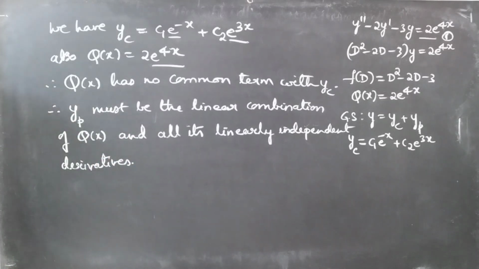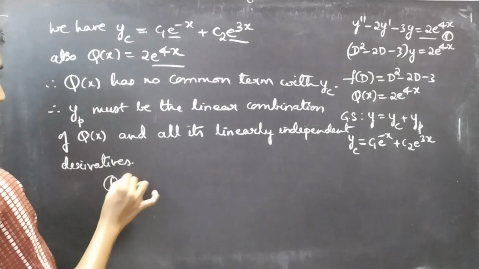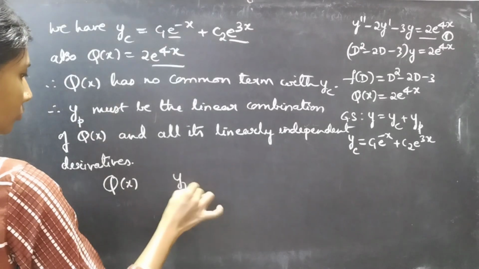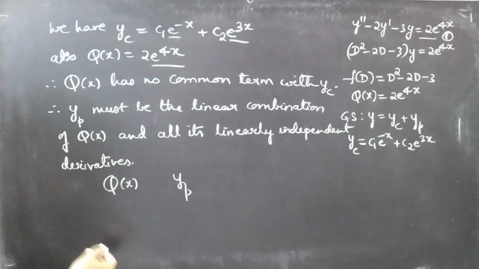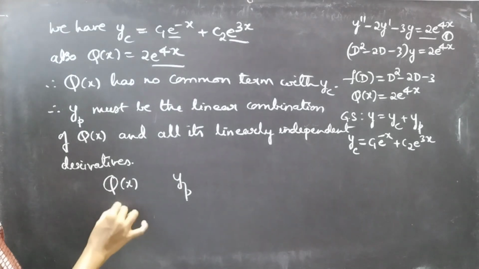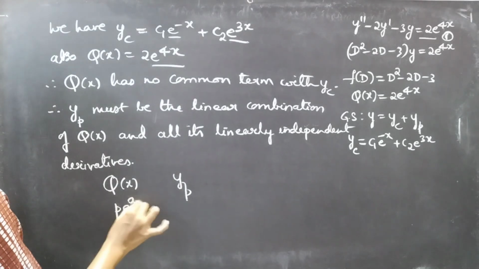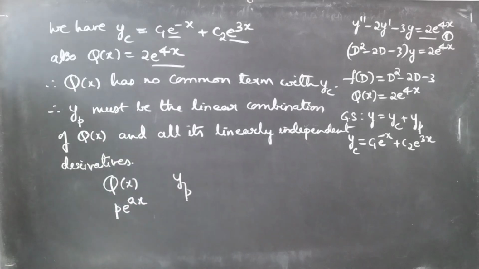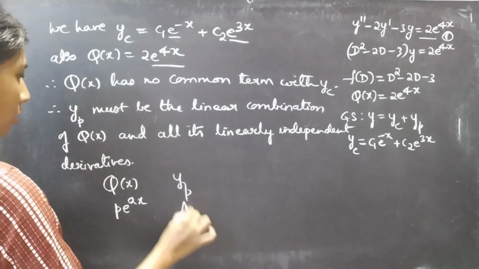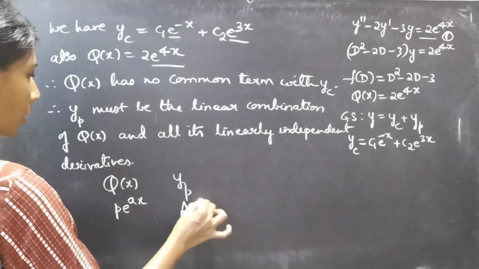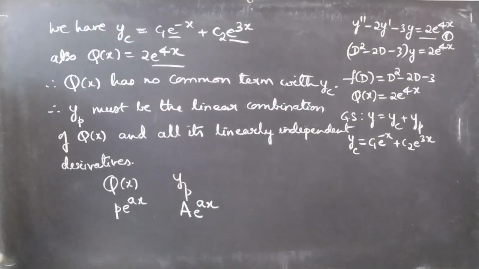Okay, let's see the direct formula for yp. When q of x is some constant, say p into e power ax, then yp will be a quotient into e power ax simply.